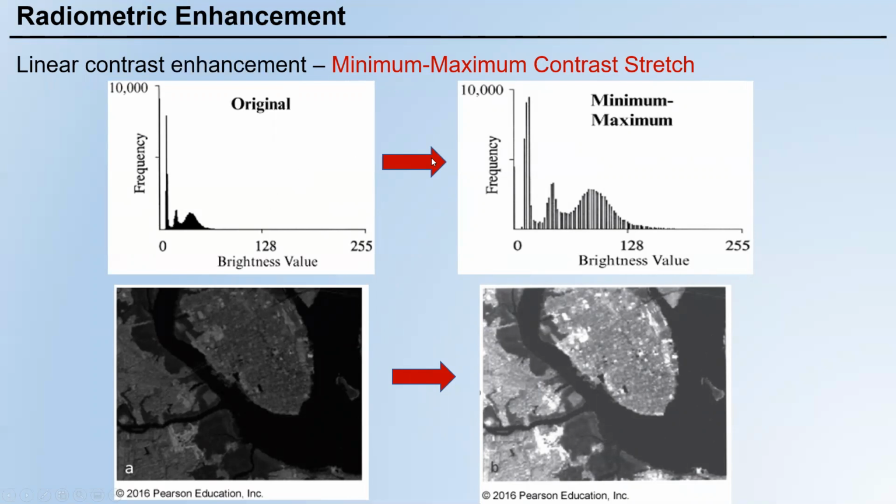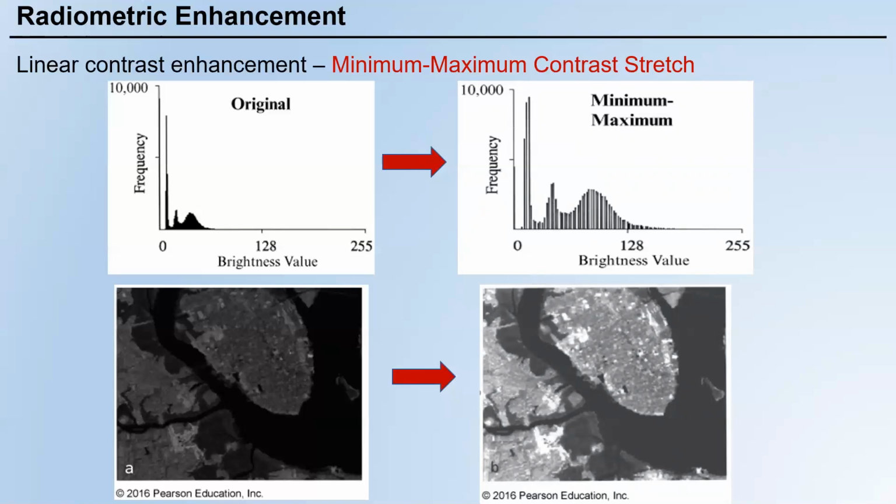Okay, so that's the reason why we did the histogram manipulation. Here is the result. Obviously we can get more information from the image on the right side than the image on the left side. So that's the mean maximum contrast stretch.